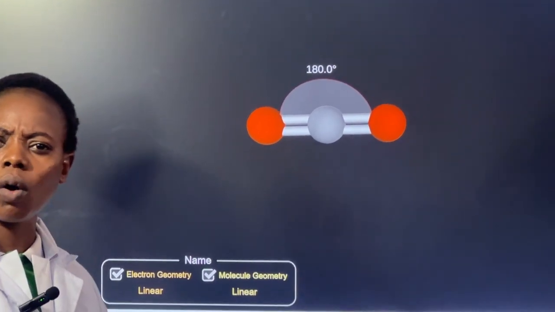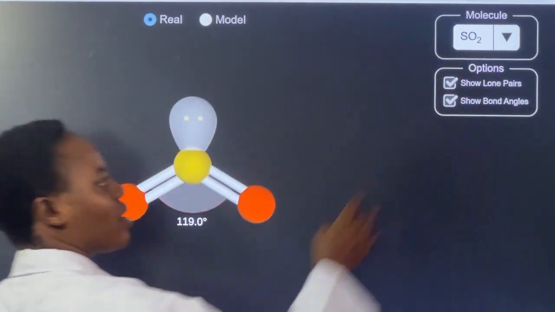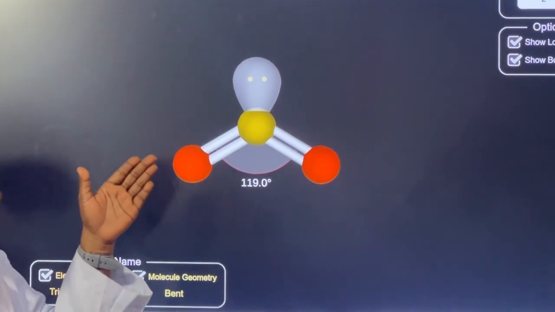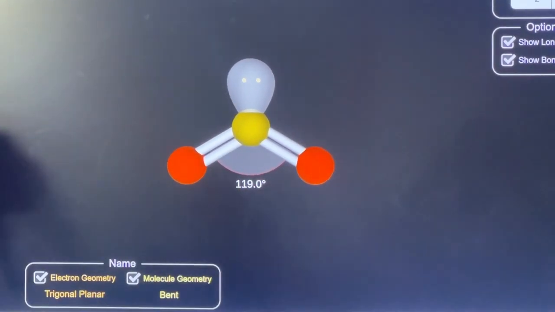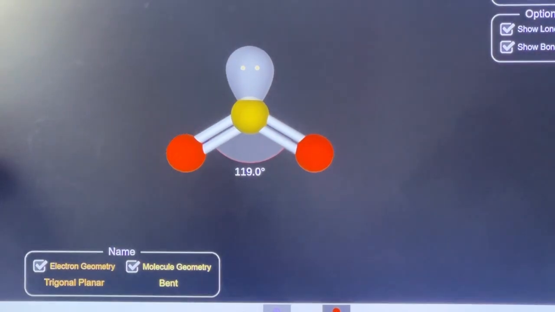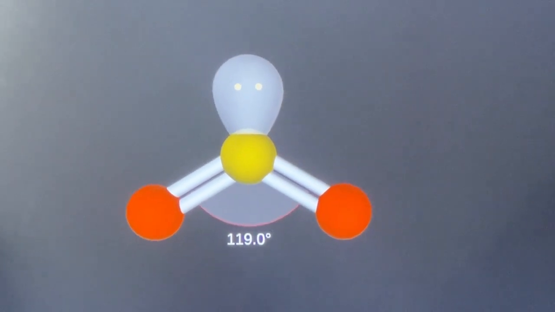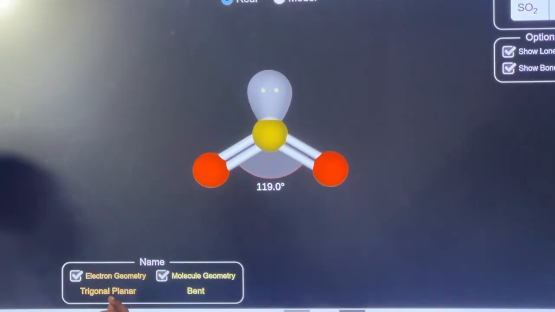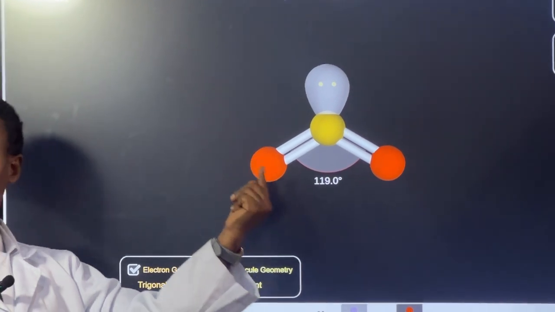Let's take one more example. So let's look at another molecule, and that is sulfur 4 oxide. And if you look at sulfur 4 oxide, the bond angle is 119. This is a bit similar to the water molecule. Don't forget, when we were looking at the molecule geometry for water, we said it was bent. Same thing with sulfur 4 oxide.